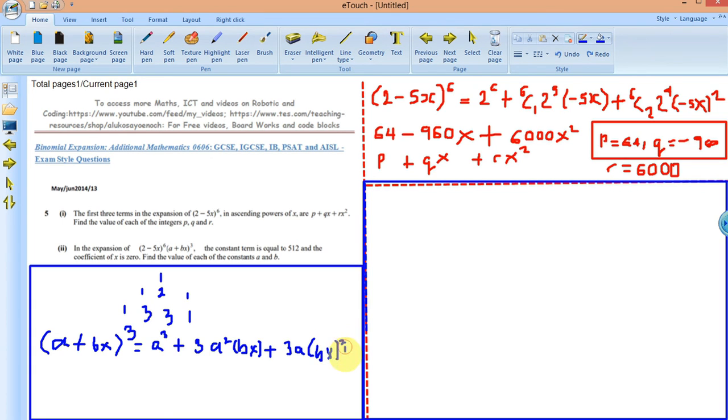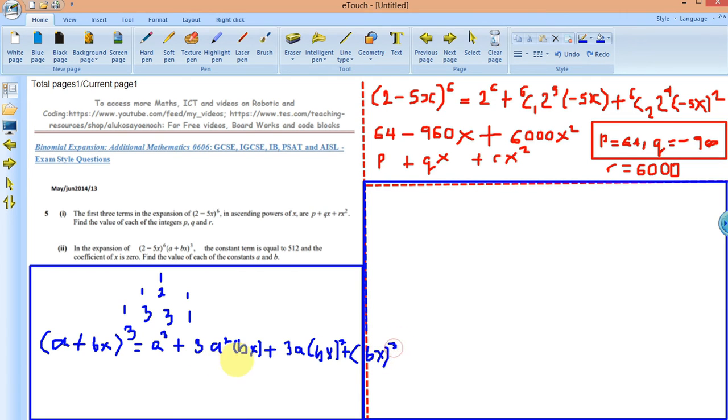Then plus, a goes to 0, so a raised power 0, 1 times 1 is 1, then (bx) all raised to the power of 3.